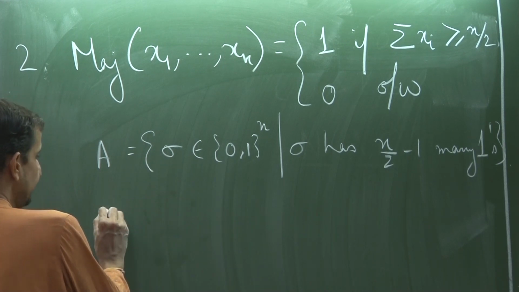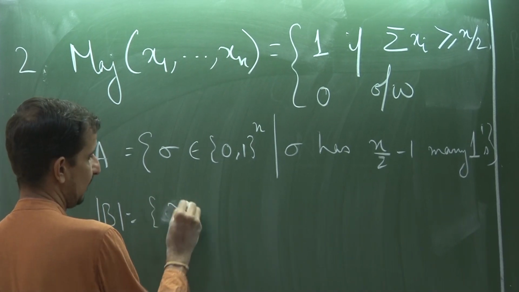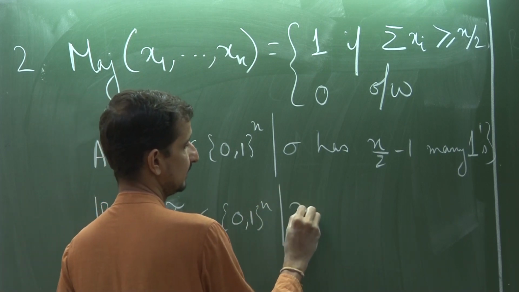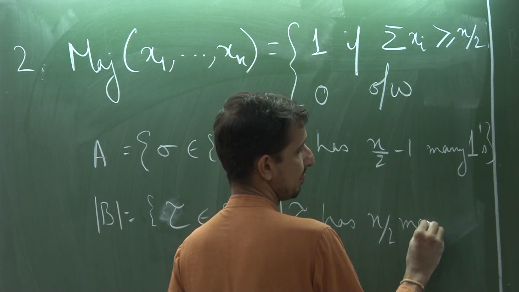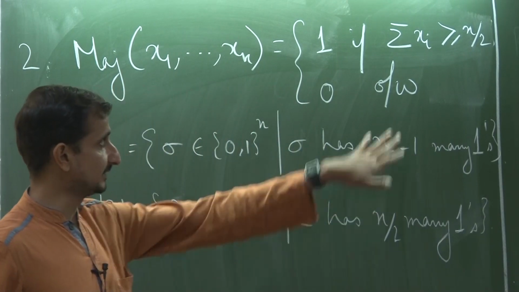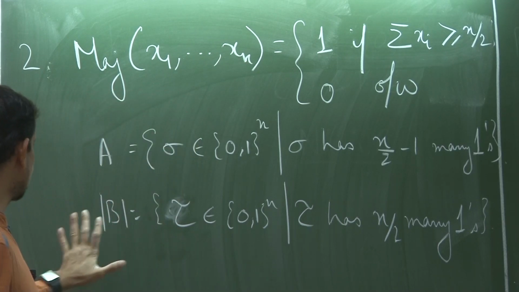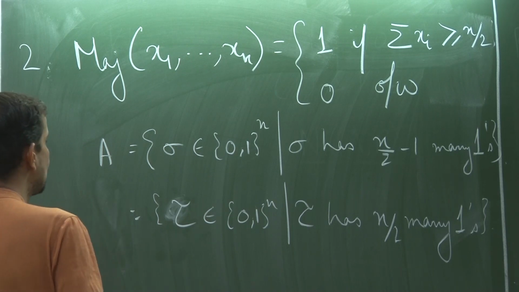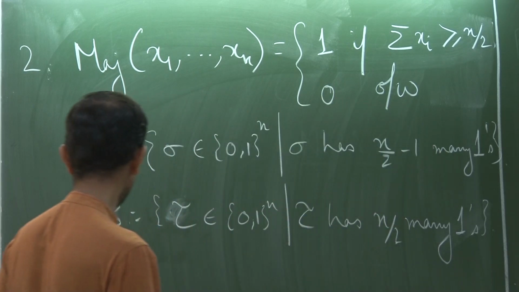And B is all tau in {0,1} to the power n such that tau has n by 2 many ones. If it has half many ones, then by definition it is mapped to 1, correct. Now, let us count NAB.